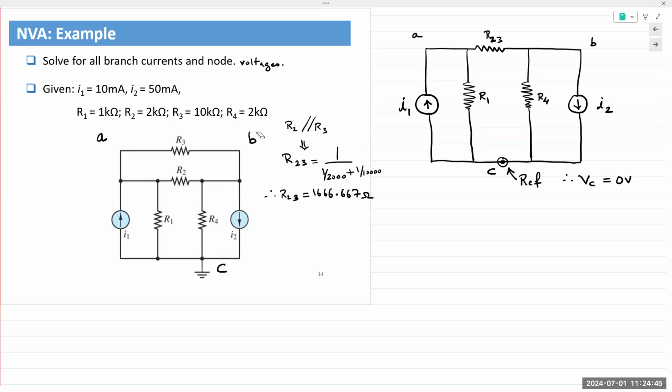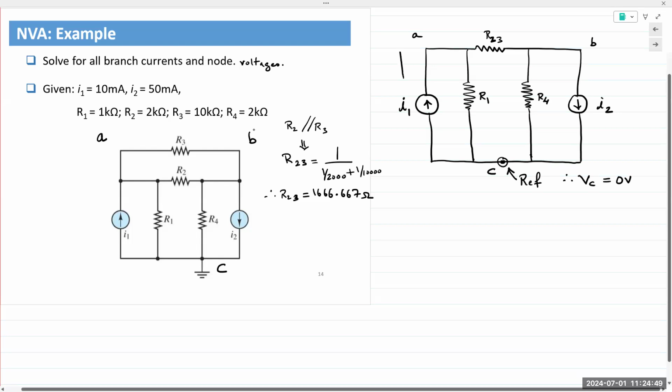So I'm going to make some assumptions based on the direction of the current sources. And the assumption I want to make, of course, is that I1 is going up. Then it splits into 2, goes down R1, and it goes through R23.